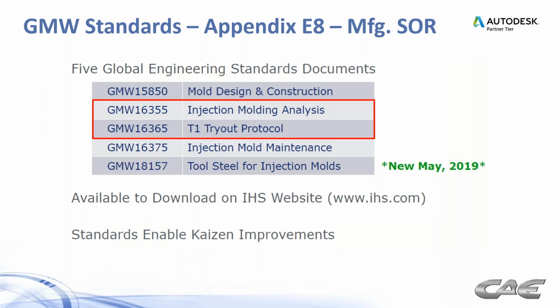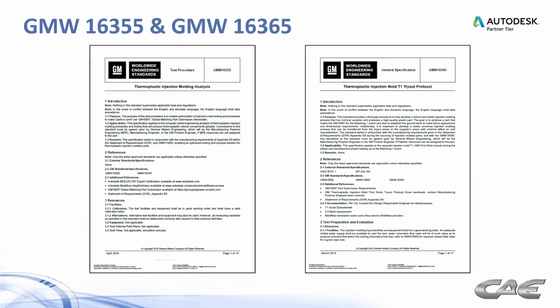And that's exactly what GM has done. These are what these standards look like. So on the left, we have the 355 standard, on the right, the 365 standard. So it's a lot of reading, but there's good stuff in there, and it's very well done.